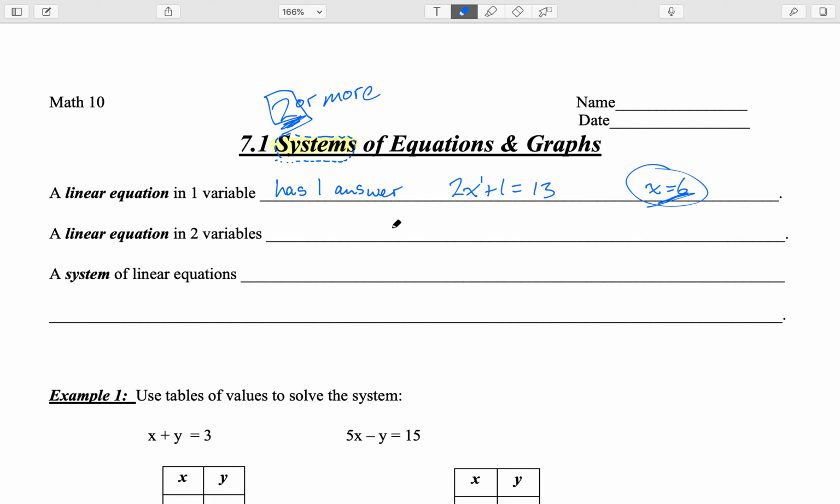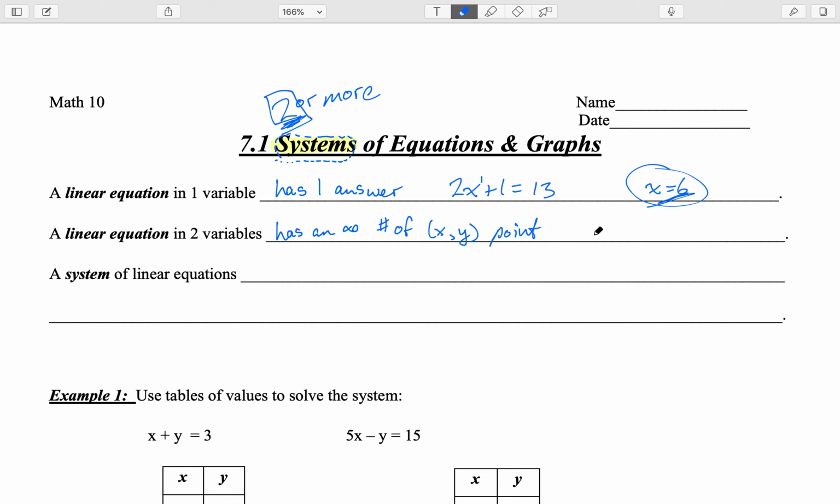So what if you have a linear equation in two variables? So it's going to be like x and y, right? So this one has an infinite number of x, y points. So that's why we graph these things. It's not just one answer.